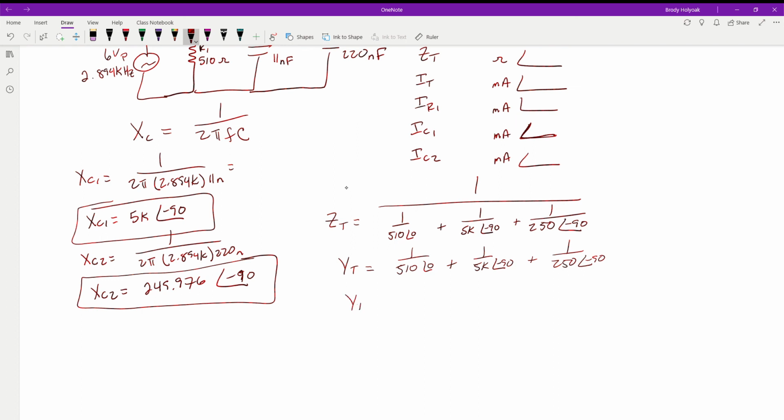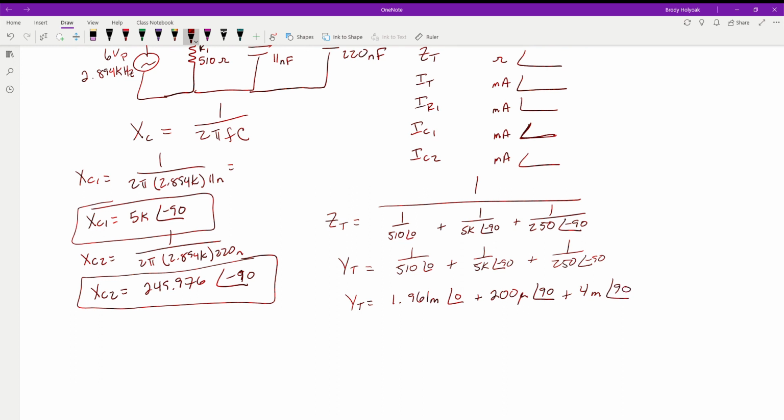Okay, so the admittance total is going to be equal to 1.961 milli at 0, added to 200 micro at 90, and this is going to be 4 milli at 90.